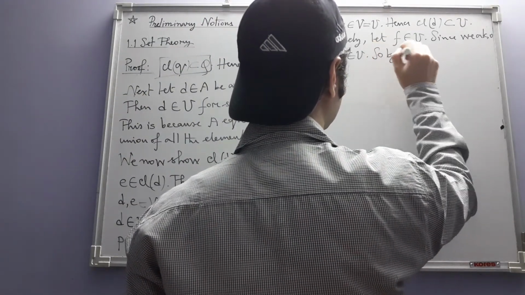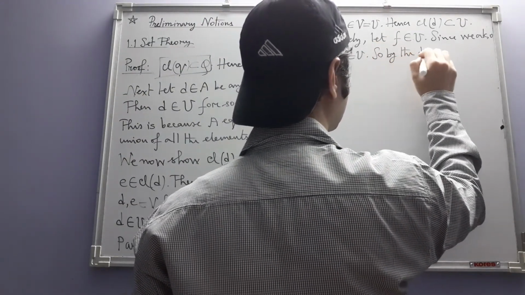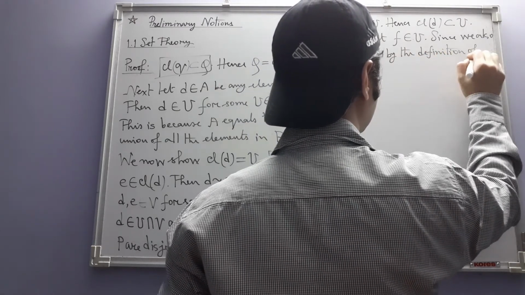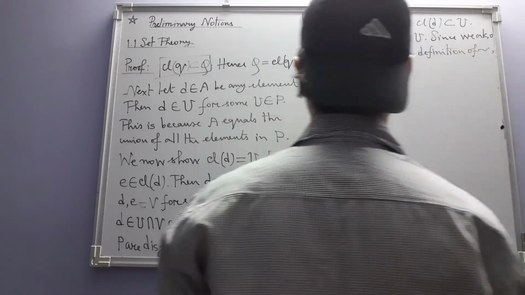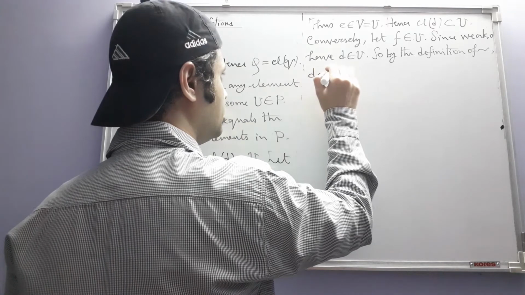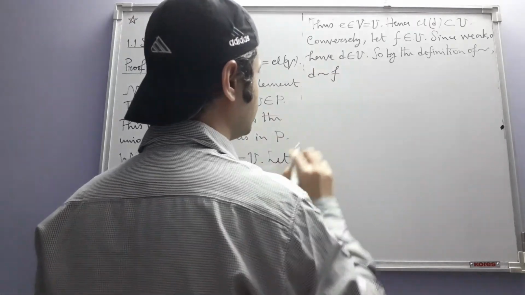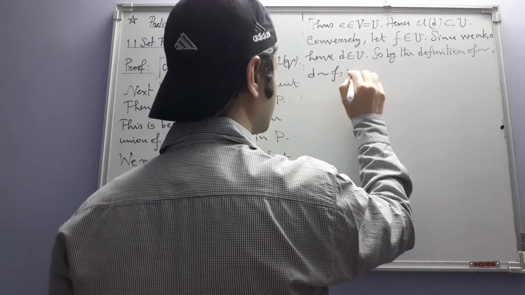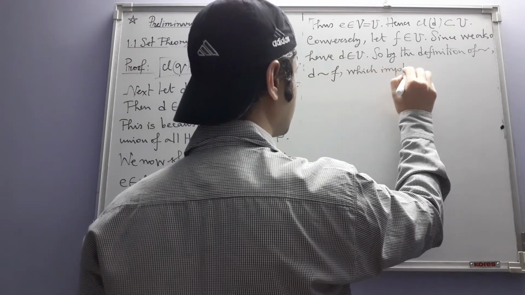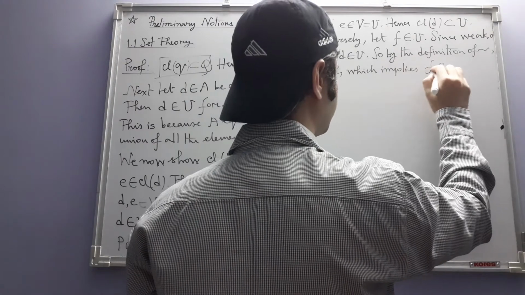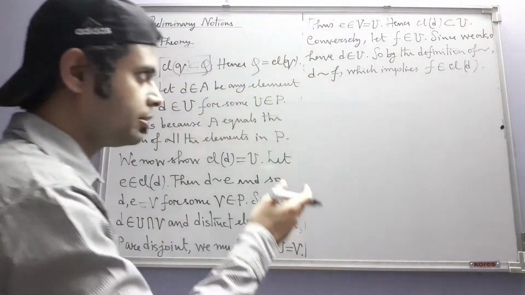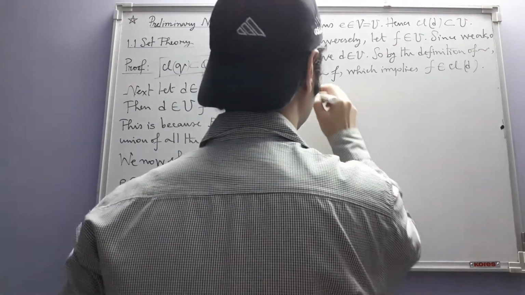So by the definition of our relation, D is related to F, which implies that F belongs to the class of D. So F is any element in U, it belongs to the class of D now.